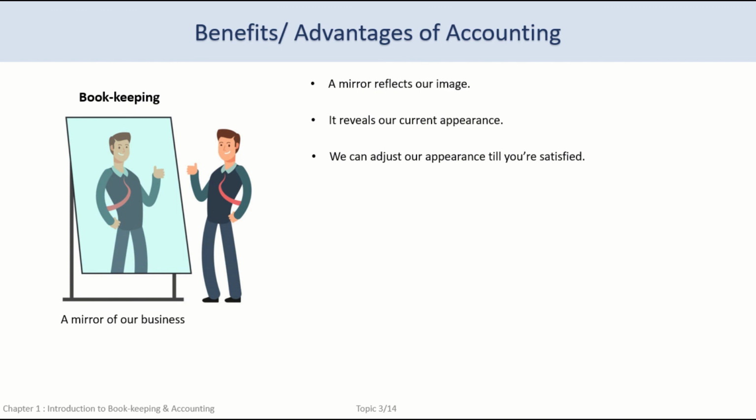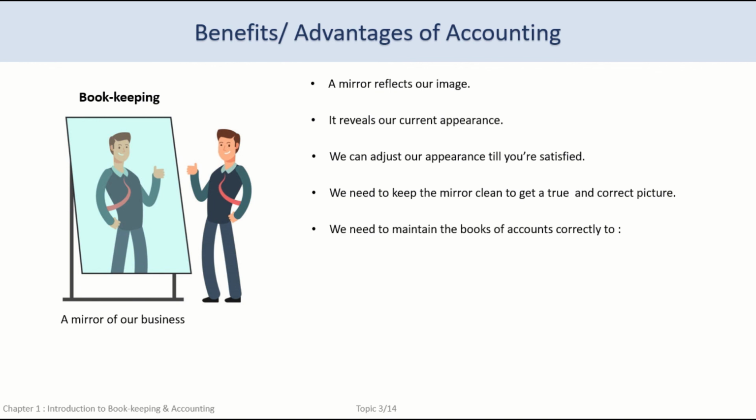A dirty or damaged mirror may provide discomfort in looking at ourselves in it. Maintaining the cleanliness of the set of books or accounting system is very important. If the records are entered correctly without any mistakes or omissions, it will reflect the true and correct state of affairs about our business. This information enables us to take corrective actions or decisions to improve our current situation.